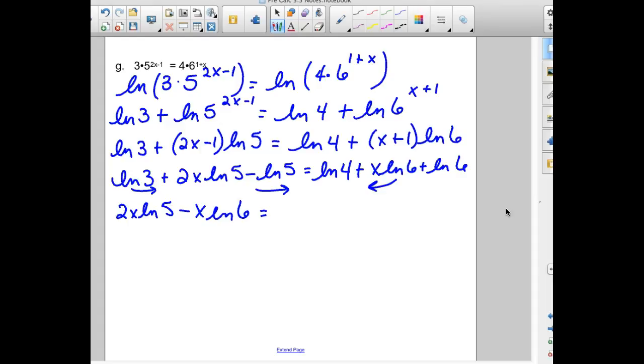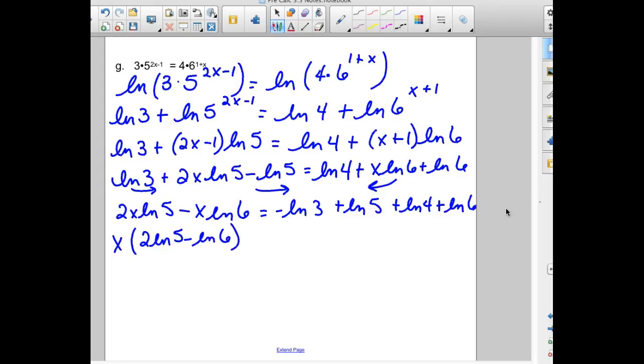We have a negative natural log of 3. If we bring that over, we have a positive natural log of 5, and we already had a natural log of 4 and a natural log of 6 on that side. All right, factoring out our x. On the other side, we can condense that.